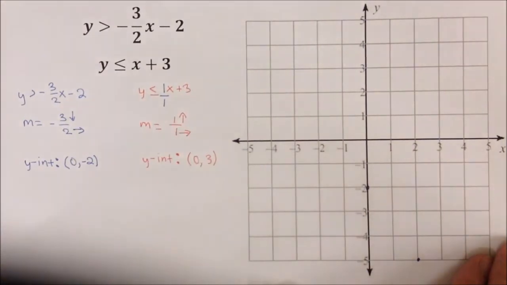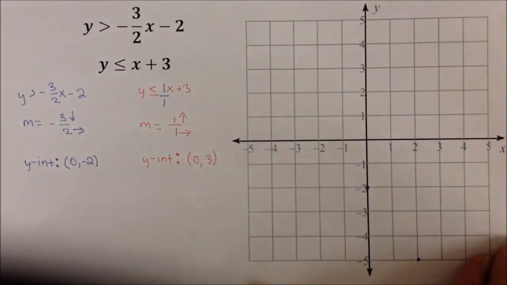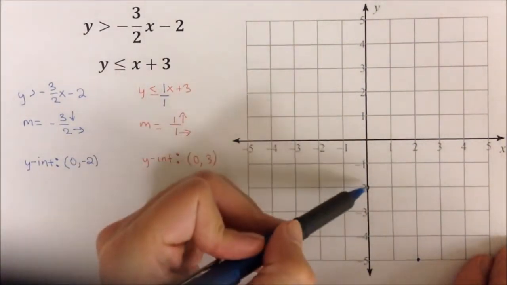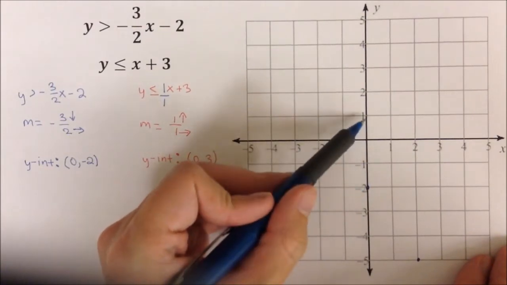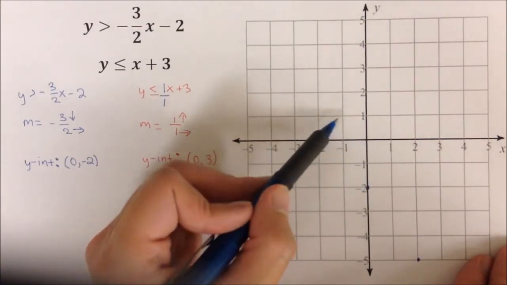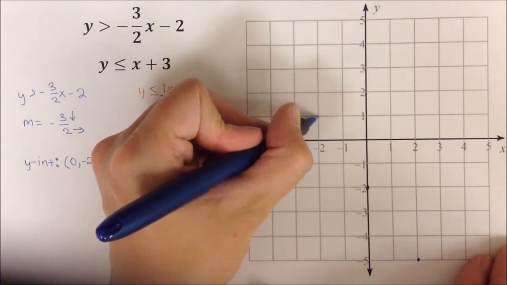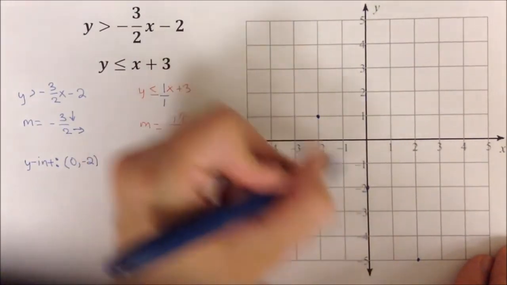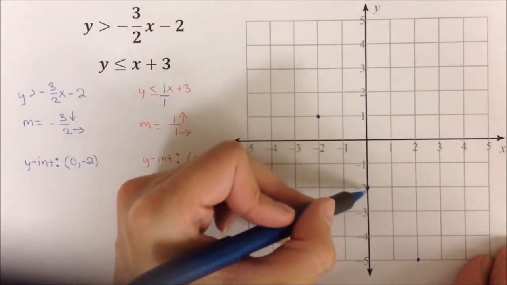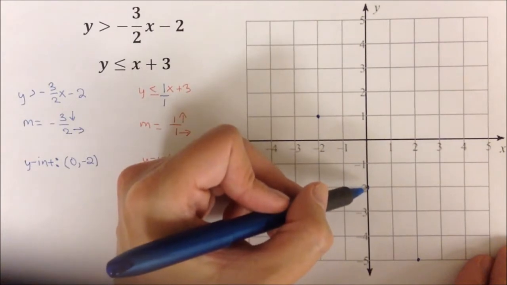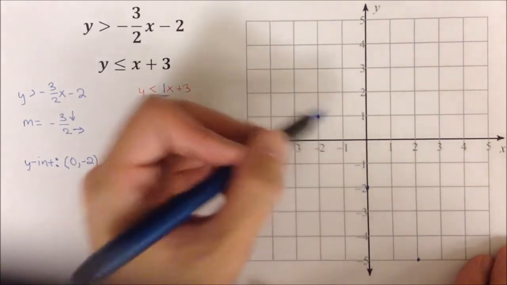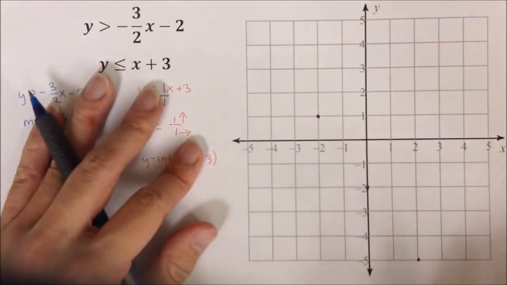So I have 2 points here. If I want to add another one, I'm going to go the opposite direction from the y-intercept: up 3, 1, 2, 3, and then left 2, 1, 2. So I have my 3 points.